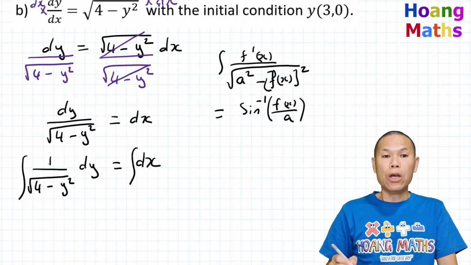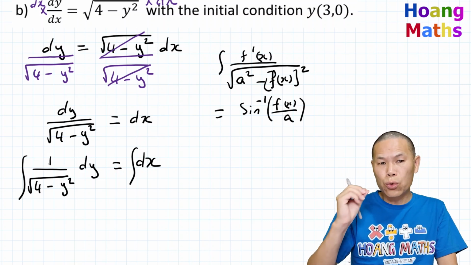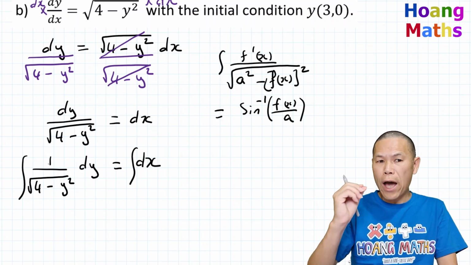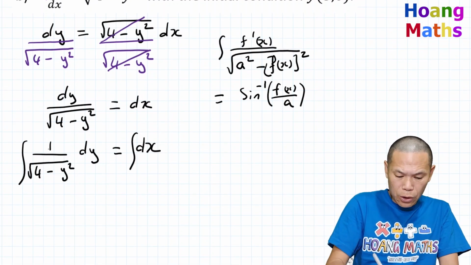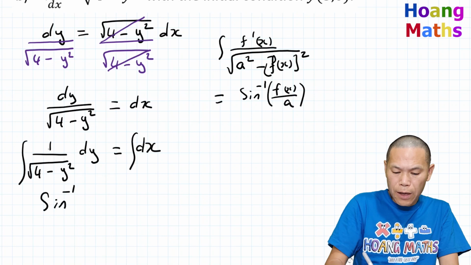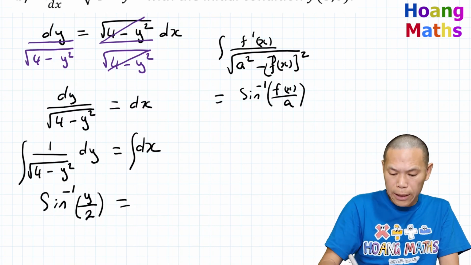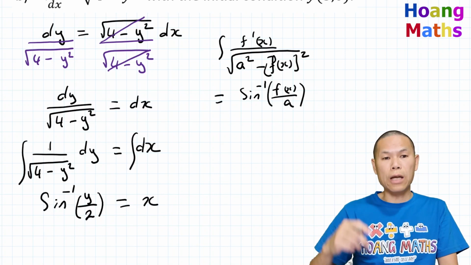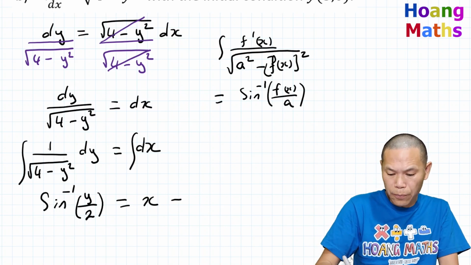So now we know that a is 2 because 4 is 2 square. Therefore a is 2. So the answer is sine inverse of y over 2. And then we integrate dx, which gives me x. And of course, after we've done the integrations, we need to add a constant c.